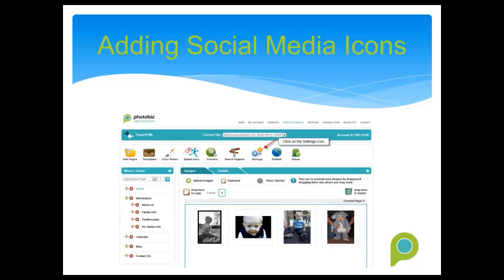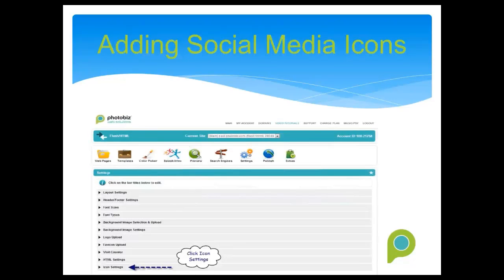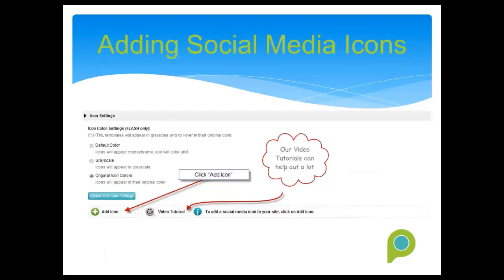So as you see in front of you, this is the Flash HTML control panel. And all you would have to do to add a social media icon will be to click the settings icon. On the next page, it'll bring up the settings for you, and you will see that the last menu item here is icon settings. All you would have to do is click on icon settings, and this page will appear.